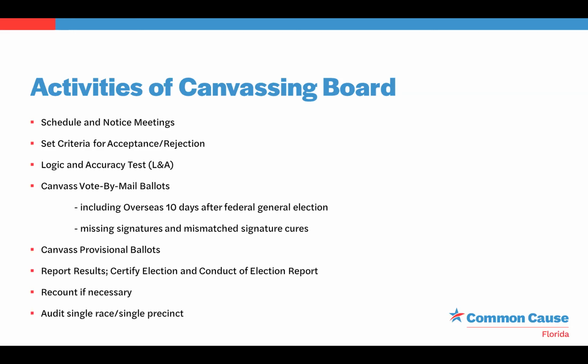They take a predetermined outcome for the races that are to be recounted, and they take a test deck separate from the ballots from the actual election, and they run them through the equipment after the election management system has been reprogrammed.